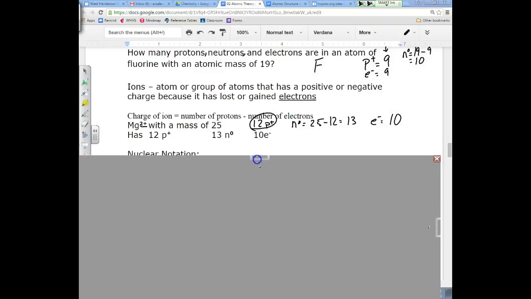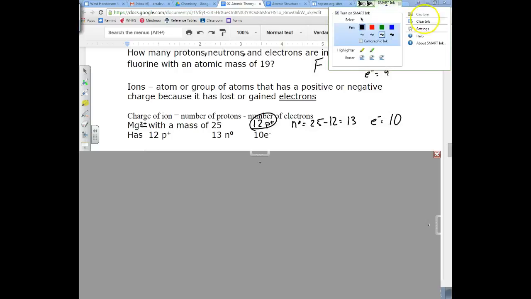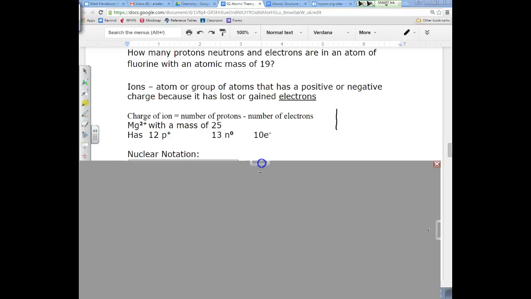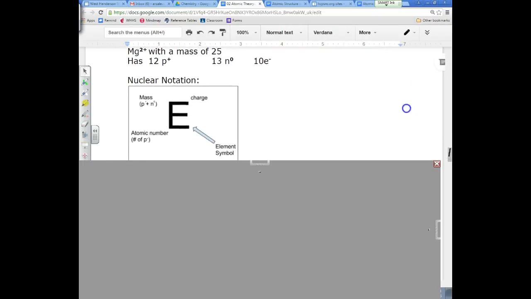Okay. Now, we're going to talk about some notations. This is pretty important, and you will be practicing this. So, we have 2 different notations. The first one we're going to talk about is nuclear notation. Nuclear notation is going to look like this.